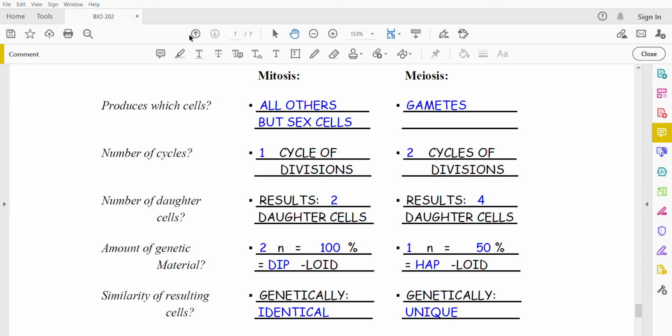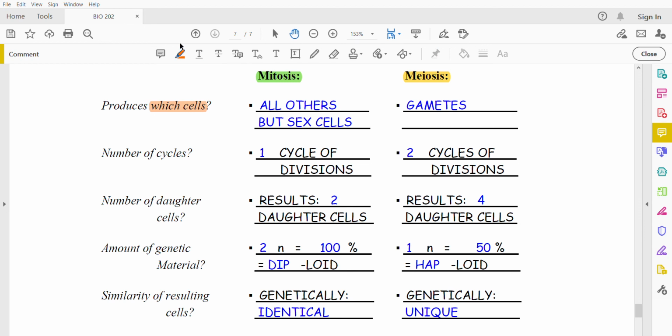So let's kind of summarize what we've seen so far. We're looking at mitosis, and we're comparing that, of course, with the meiosis. Let's see what we can find out. Well, let's have a look first of all. What type of cells are we producing in each of these?